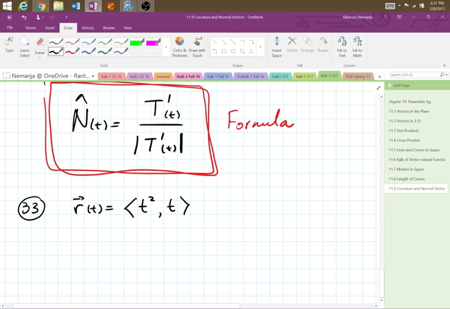Is that how you're planning on cheating for the test? You didn't have curvature written down in your notes. No, I had it written down wrong.